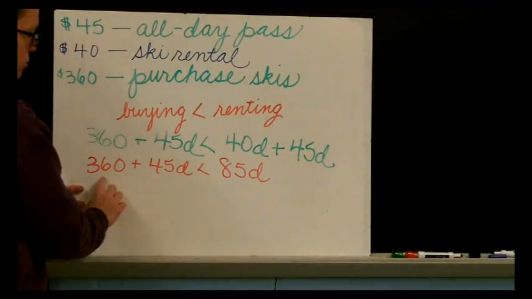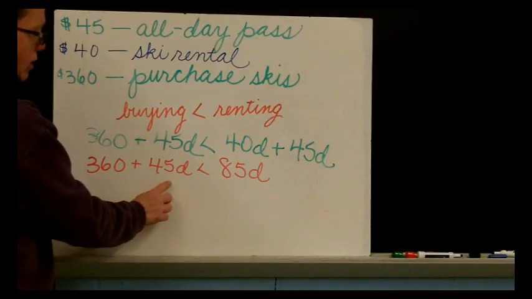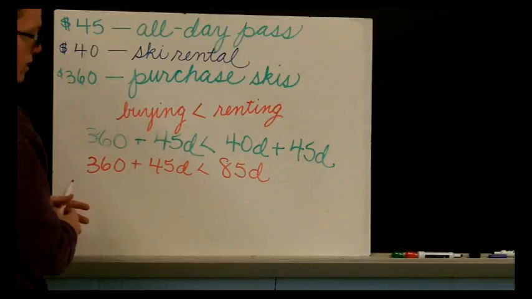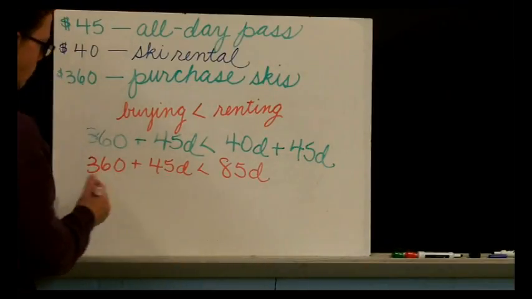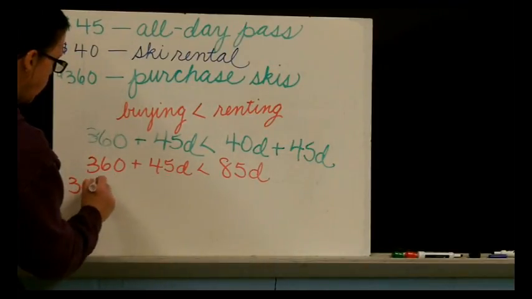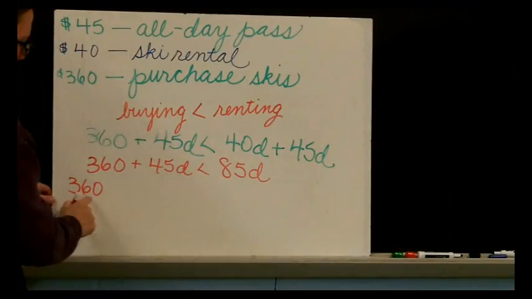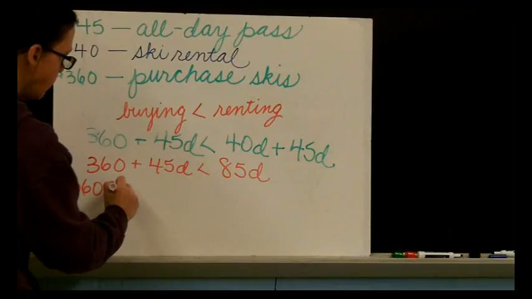We have to ask ourselves, which of these terms does not belong here on our constant side? And that is the 45D. So what we're going to do now, as you probably already know, is put a negative 45D on both sides so that we can get our constant by itself.